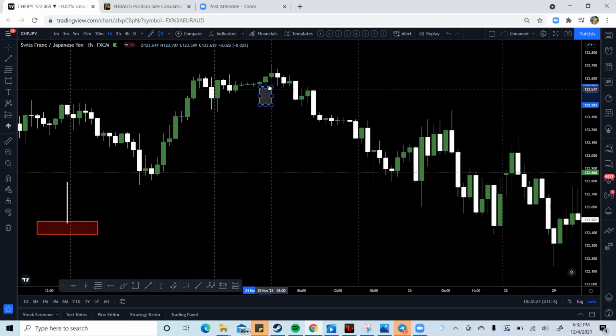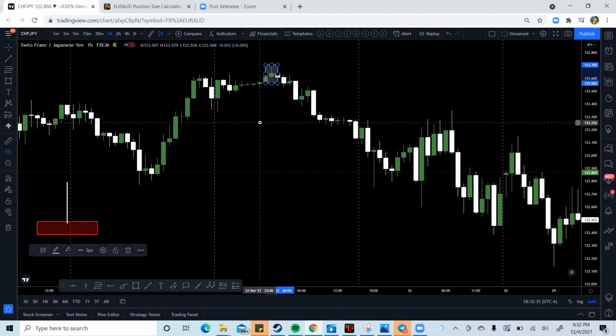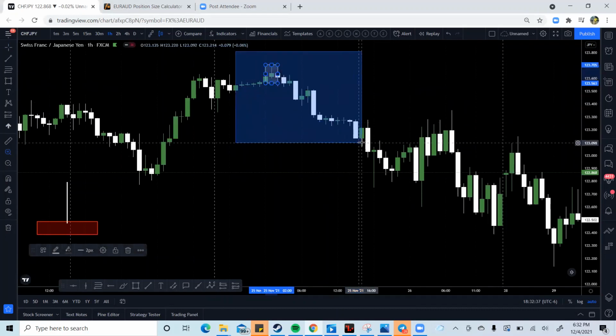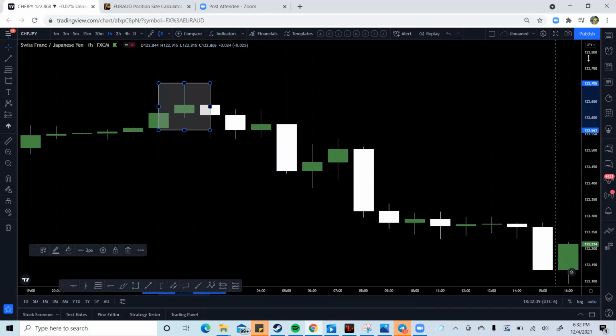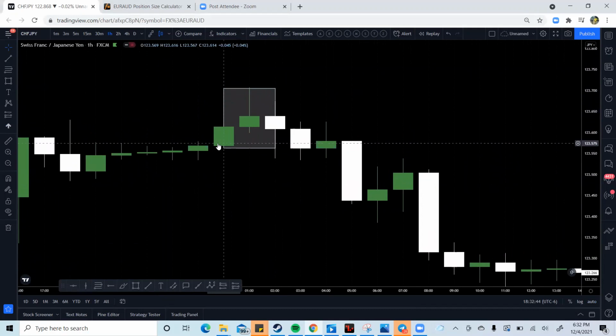So you see, you have the bullish candle. See how that's a strong candle? We could zoom in closer just so everybody can see this. So you have the bullish candle here leading up into the pin bar candle.